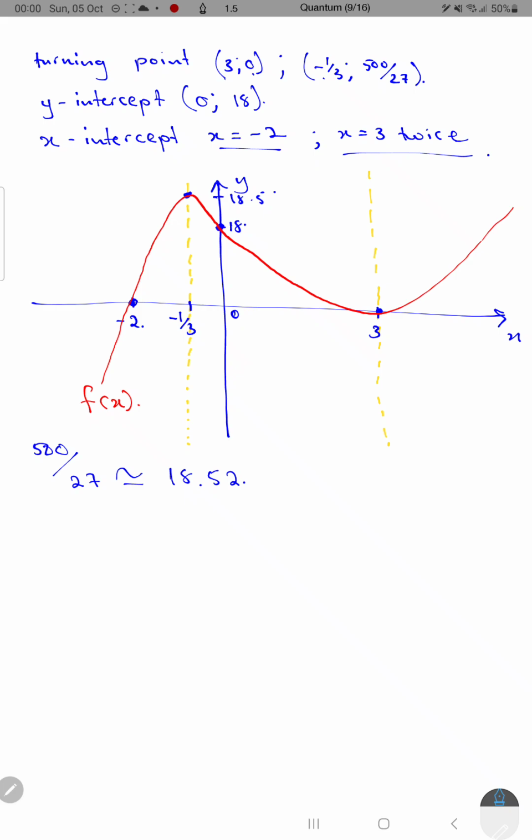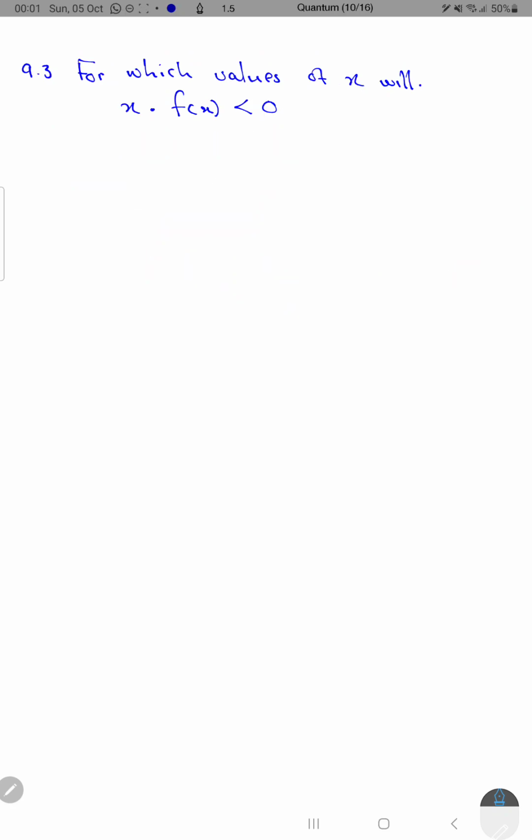This part is the local minimum, and this is the local maximum. This is the graph you are expecting to have on 9.2. Now we go to 9.3.